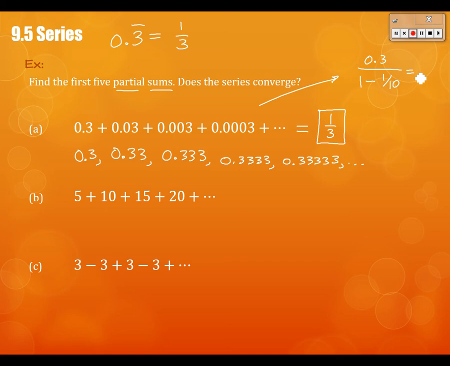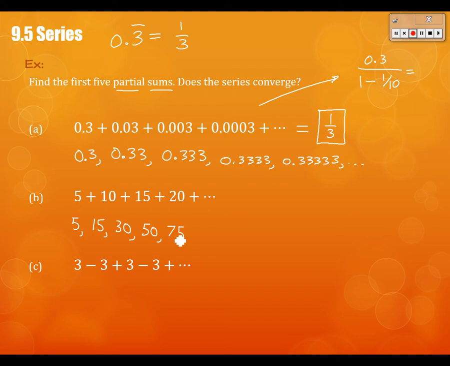All right. How about part B? I think it's pretty obvious what the answer to this question is. Does the series converge, even before writing out the partial sums? But let's write out the partial sums just for practice. I'll do the first one for you. And then 15 is the sum of the first two terms. 30, yay. 50.